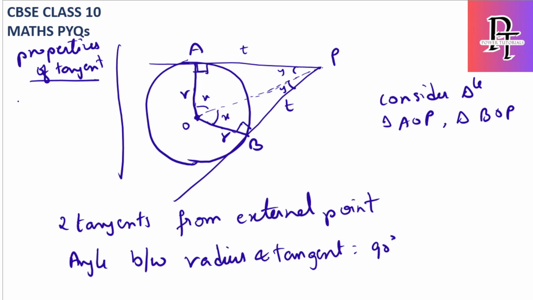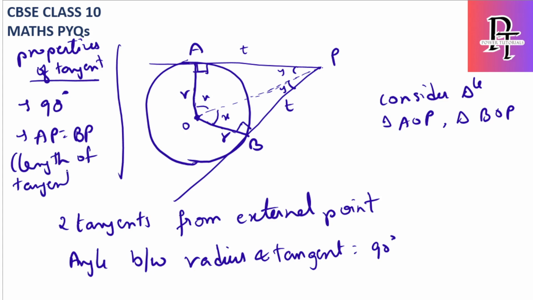The first one: the angle should be 90 degrees. Second, the length of tangents from an external point to the point of contact should be equal, that is AP should be equal to BP. The length of tangents from a specific point should be equal. These two are the main properties for tangents.